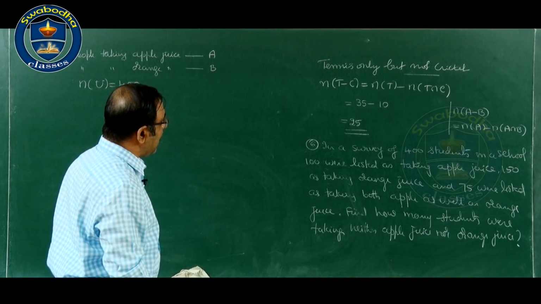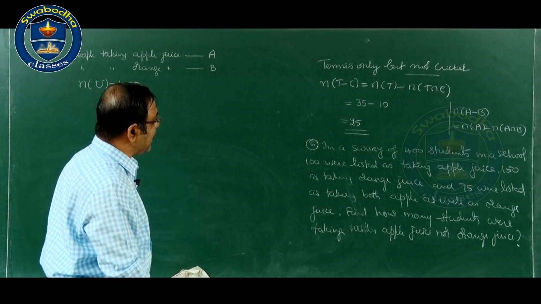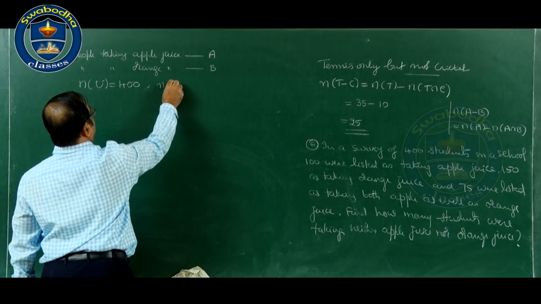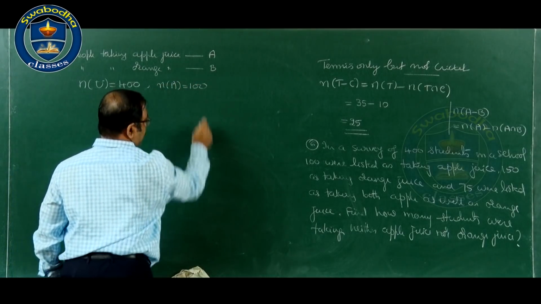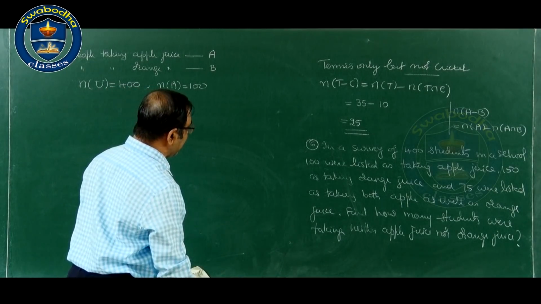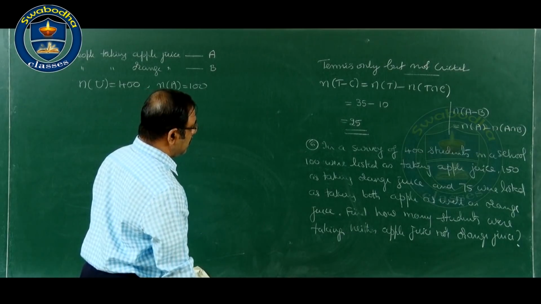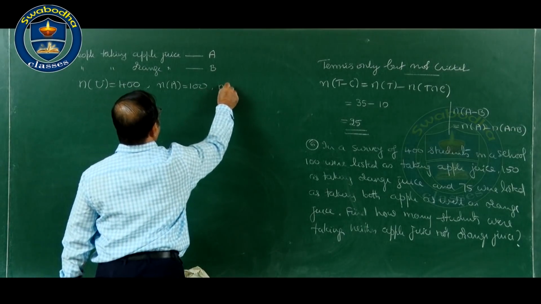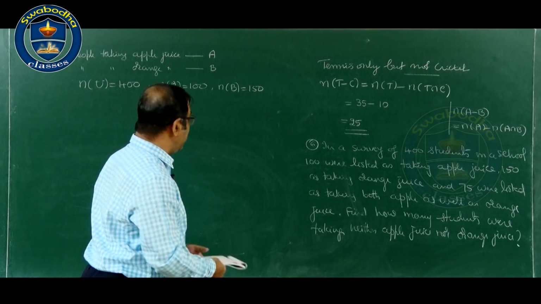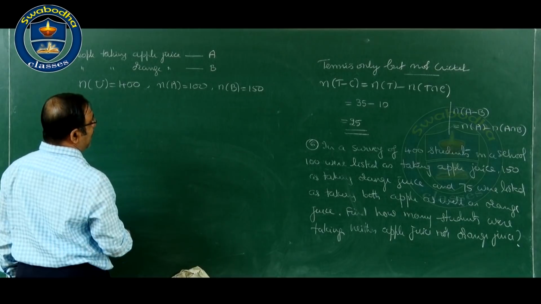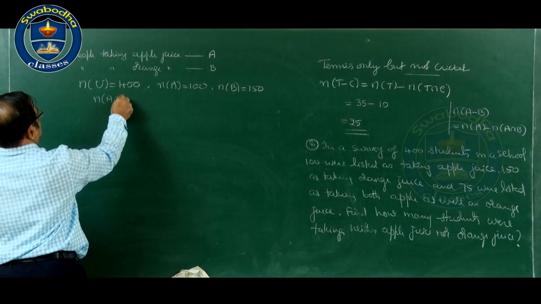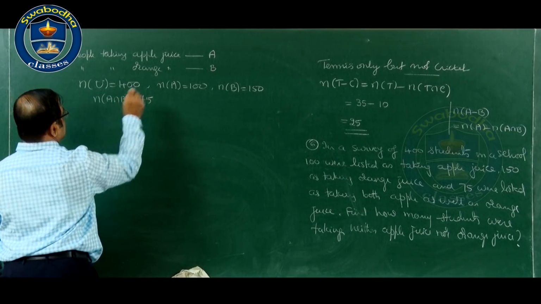Then 100 were listed as taking apple juice, so N of A is 100. Then 150 are taking orange juice, N of B is 150. Then 75 take both orange and apple, N of A intersection B is 75.